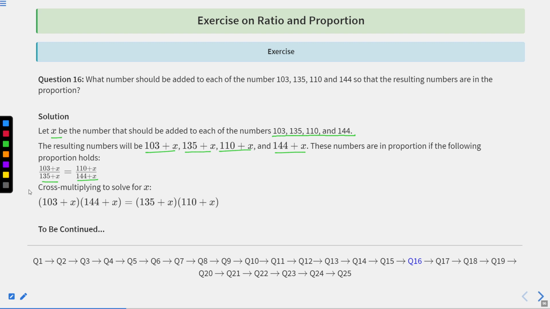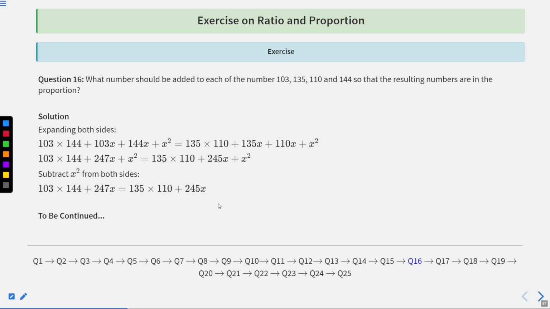Now again, you can do cross multiplication and you will get 103 plus x times 144 plus x equal to 135 plus x times 110 plus x. And when you simplify this, you will get 103 times 144 plus 247x plus x square equal to 135 times 110 plus 245x plus x square.